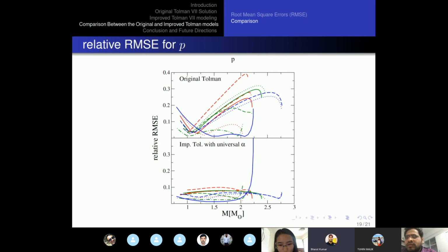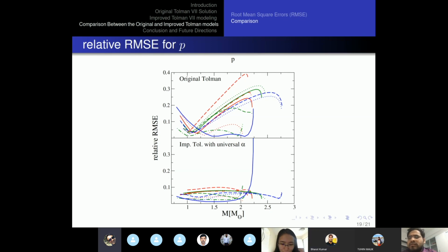So the improved one is better starting from 1.4 solar mass to higher regions, right? Yes, for the smaller mass, our model is not better than the original one.